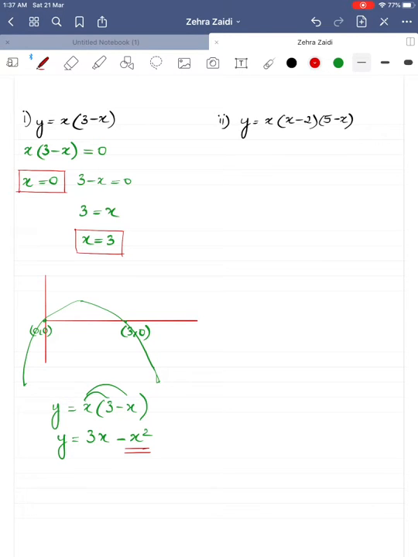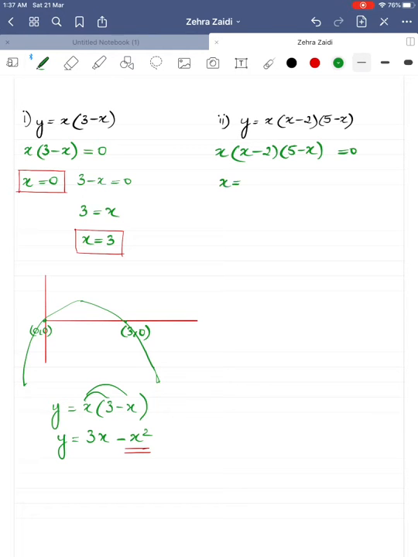Alright, moving on to the next curve, we have y is equal to x into x minus 2 into 5 minus x. Again, let's begin by finding the points where the curve crosses the x-axis. Let's do this by equating the right hand side to 0. We have x into x minus 2 into 5 minus x is equal to 0.